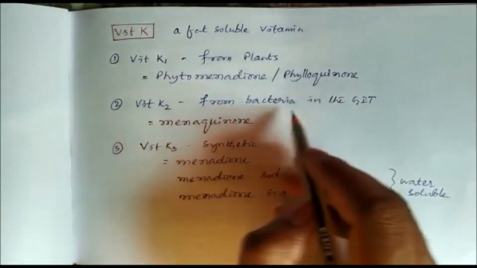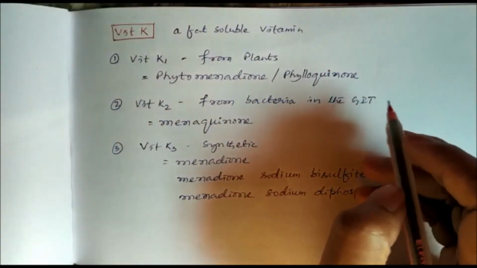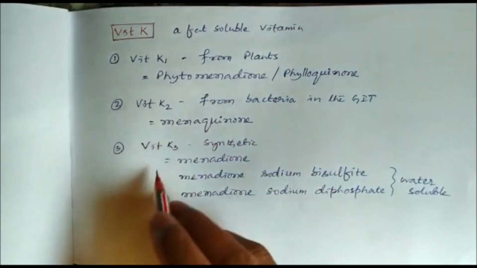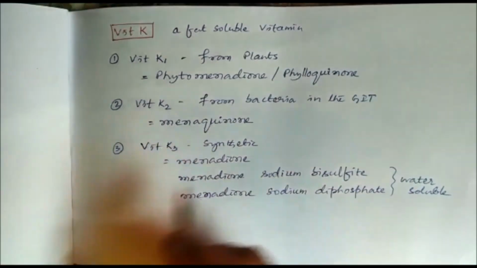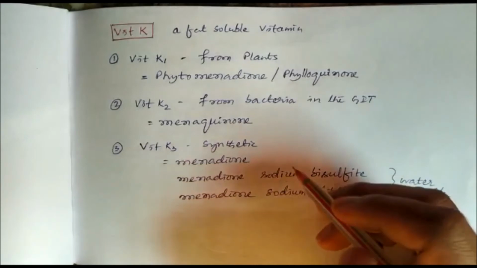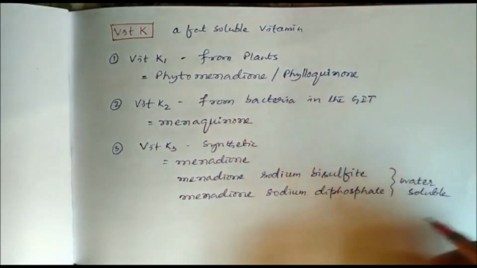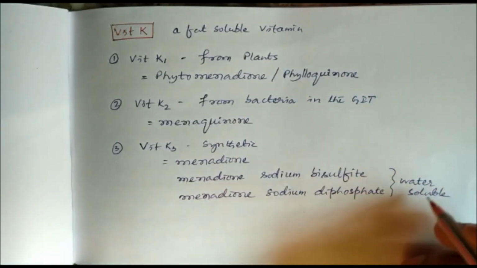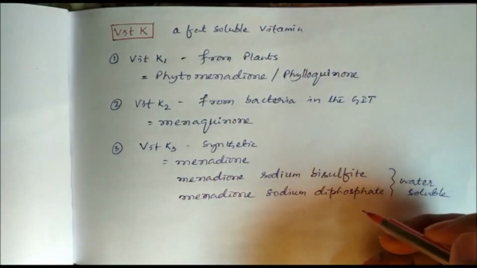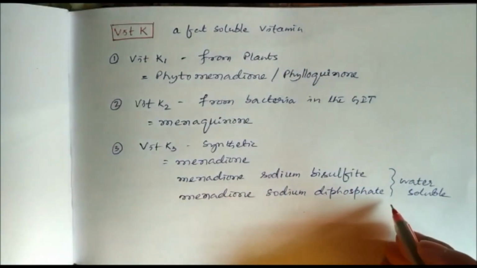Vitamin K2 is from bacteria in the GIT, synthesized in our body, called menaquinone, and vitamin K3 is the synthetic form, that is menadione. So for absorption they need bile acid and bile salts. So some water soluble forms have been developed which do not need bile acid and bile salts. They are menadione sodium bisulfite and menadione sodium diphosphate.